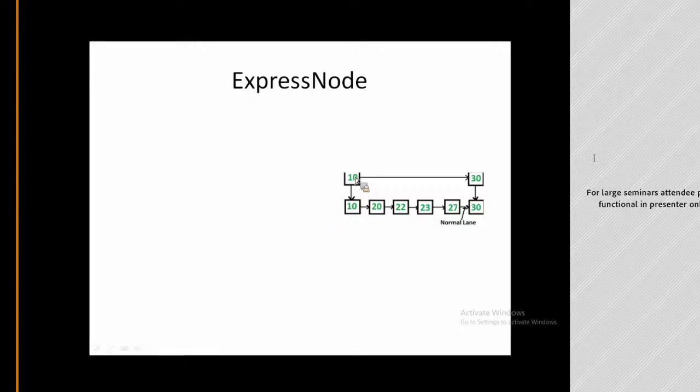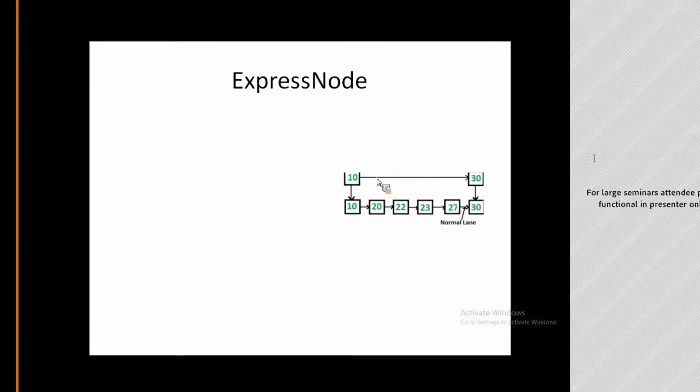What is the express node? This is the express node, right? All of you pick up a paper, and looking at the explanation of the skip list and the diagram, can you create a structure? All this is a single linked list that we are going to work on.